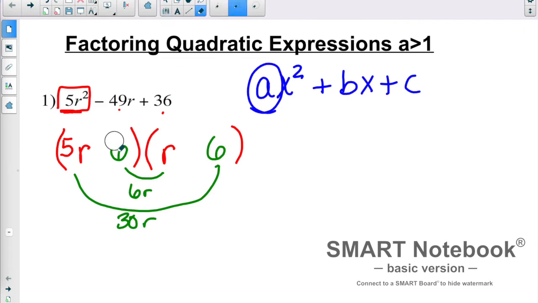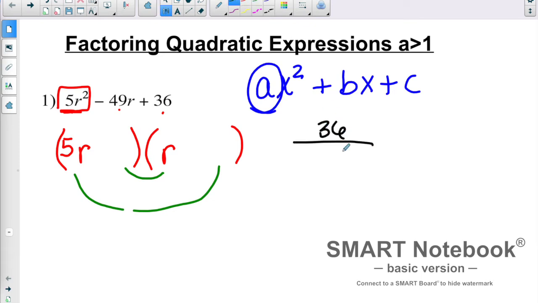Alright, so let's change that from a 6 times 6 to something else. There are some other ways to get a 36. So if we listed out some of these ways, I know that 6 and 6 is one of them, 12 times 3, 9 times 4, and 18 times 2 if you want to keep going.